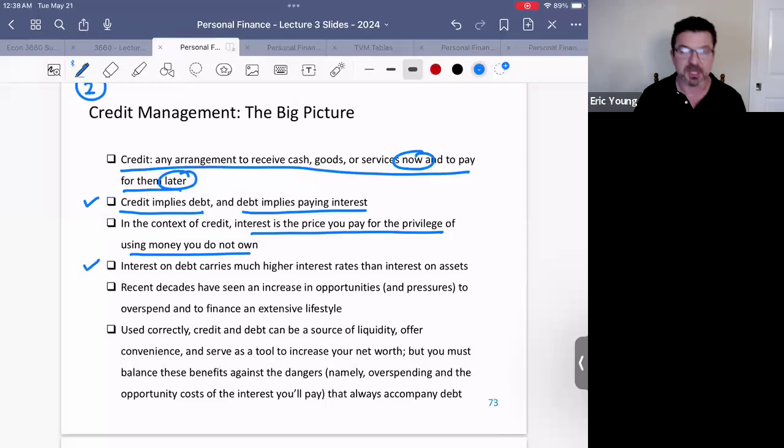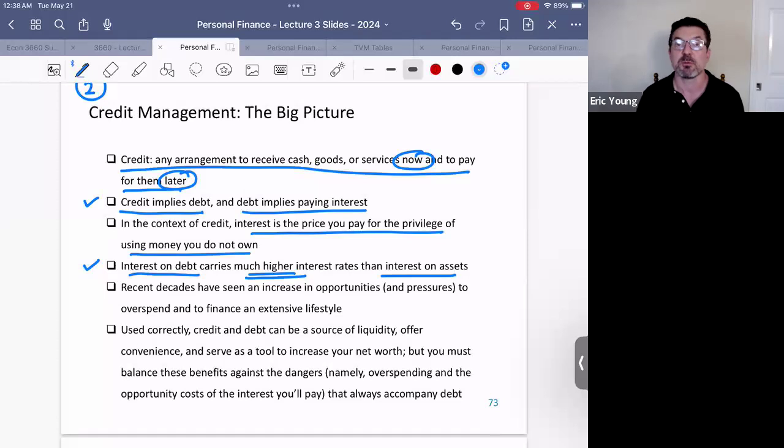What's really important to remember is that while the terms are similar, interest is interest, it's tricky though, because inevitably interest on debt, meaning interest on the money that you borrow, is going to be way, way higher than interest on your cash. You're not going to pay the same interest rate for money you borrow as you get from the bank. Interest on debt is always significantly higher than interest on assets.